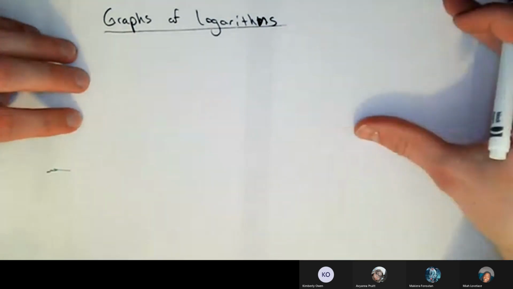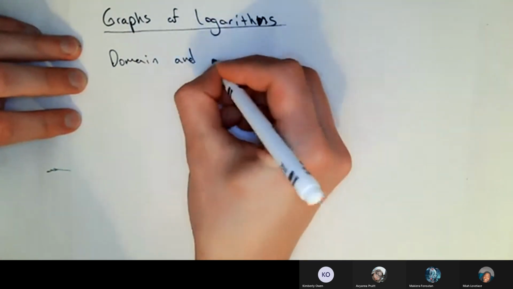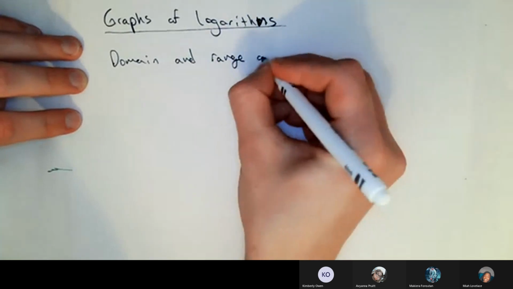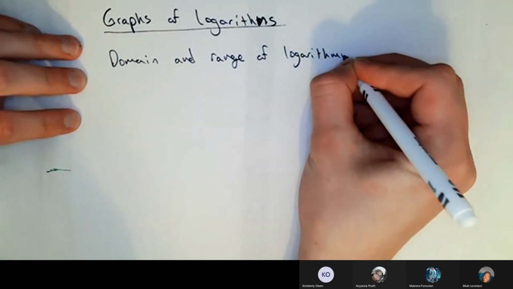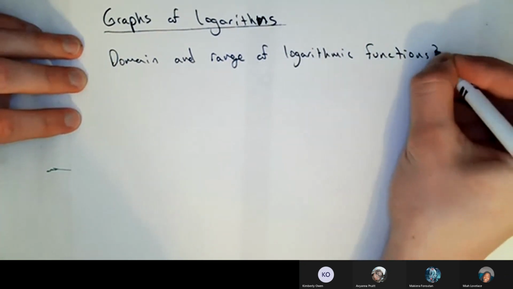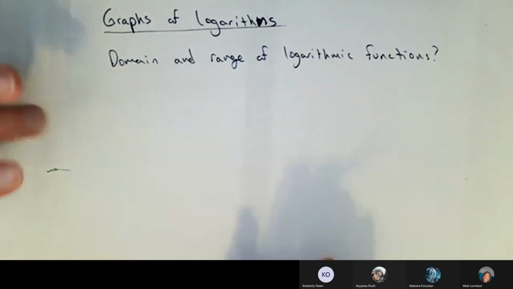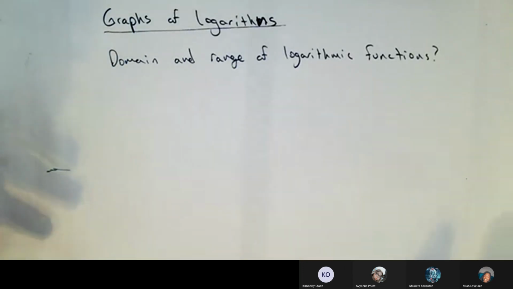So before I just start plopping graphs down, let's think about what is the domain and range of logarithmic functions. So again, moving away from log equations to now log functions.